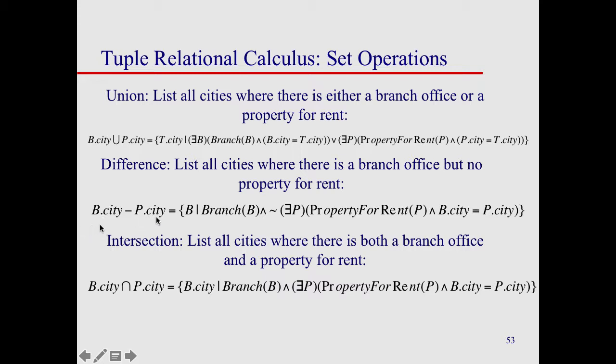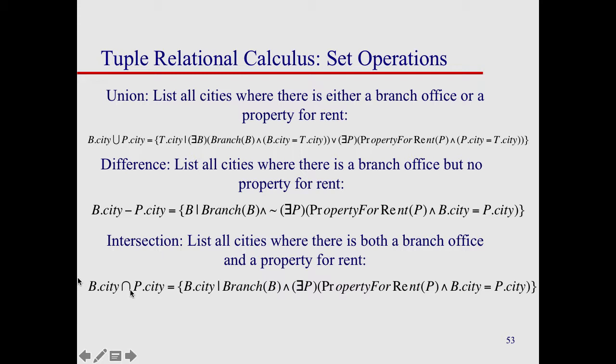To get set difference, it's the set of tuples in B such that there does not exist a tuple in P. So here we're trying to find all cities in B that are not in P. So it's any B such that there does not exist a property P where B dot city equals P dot city. Makes a fair amount of sense, I think. It's almost exactly the definition of set difference.